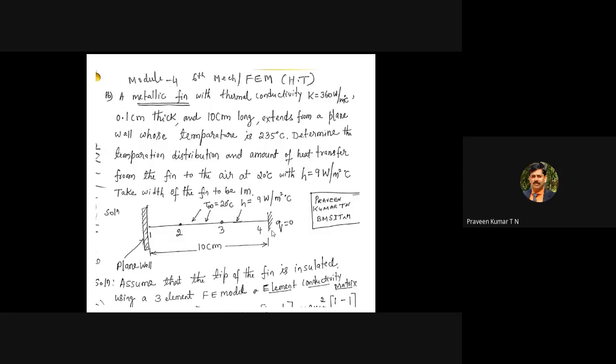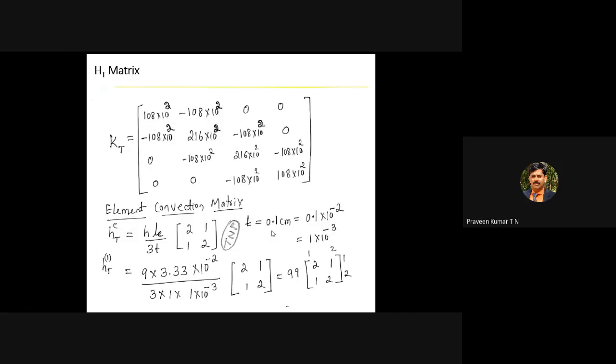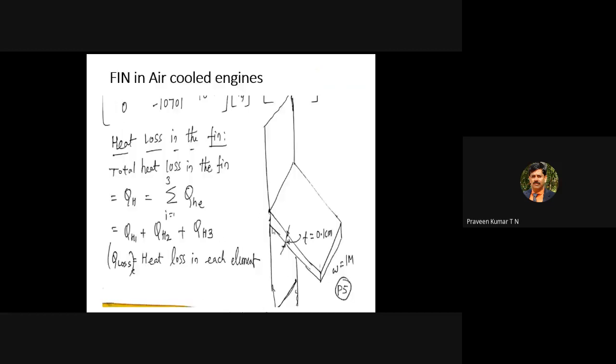And one more boundary condition: if the thickness of the fin is very, very small, you see the cross section. Imagine the top surface has a huge surface area, and the bottom surface also has a huge surface area. And if you consider the end surface, this cross-section area is very, very small compared to the top and bottom surfaces. When the cross-section area is very, very small, the heat transfer is also very, very small.